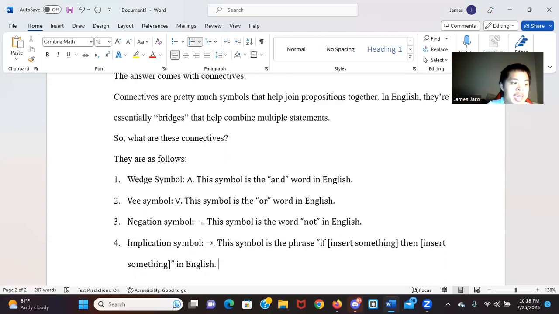The idea is that each of these four symbols that I just listed are the foundations from which we can create any type of complex proposition. This is how we turn English sentences into complex propositions in the discrete world with symbols, and then we can do the reverse.